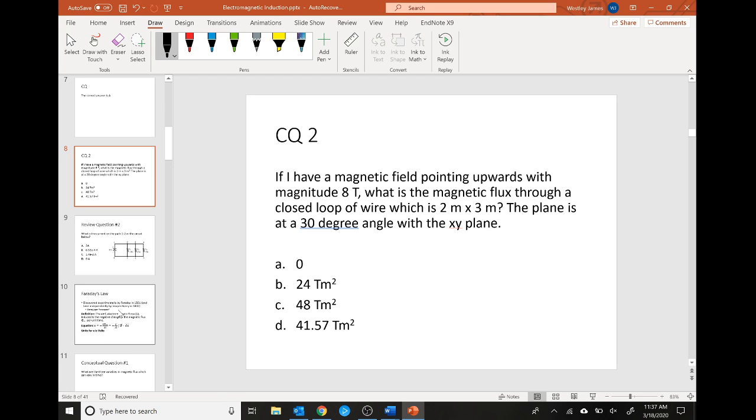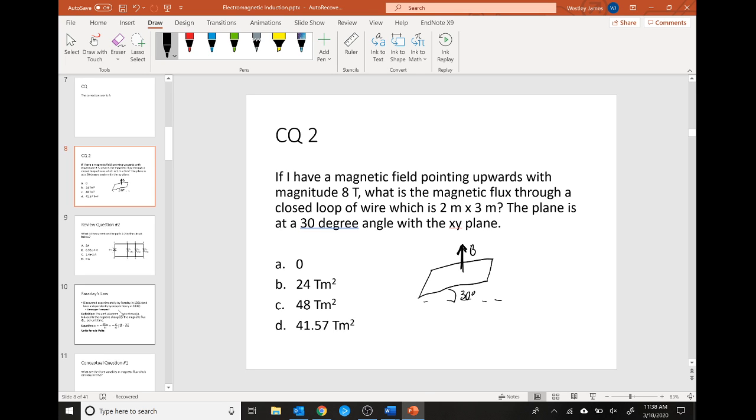So I'll go ahead and draw this on here just to help with the visualization of this. It doesn't have a picture of it on the web courses. So here's what it looks like. You have your loop, which is at a 30-degree angle to the XY axis, and then you have a magnetic field which points upward. So the magnetic field is going straight upwards.